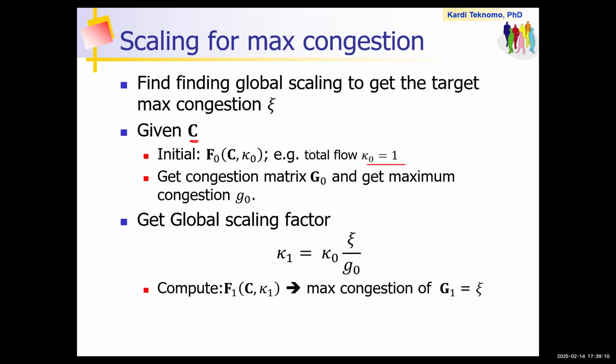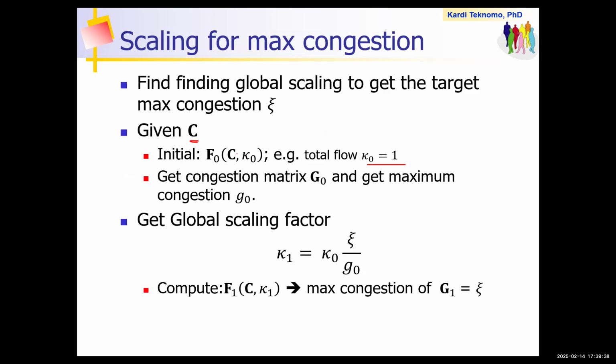So let's assume we use a basic network, meaning the flow is a probability, so the total flow in the network is 1. Initially you have C, the capacity matrix, meaning the number of lanes or the road width. We don't know the total flow, so we just assume anything.